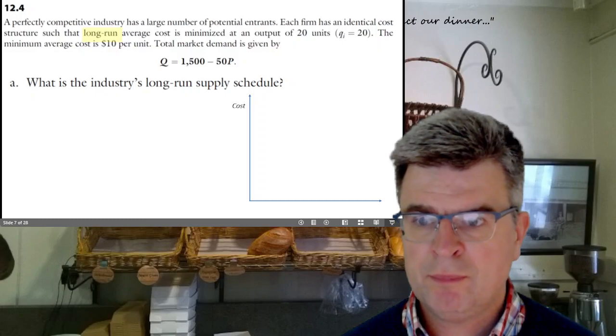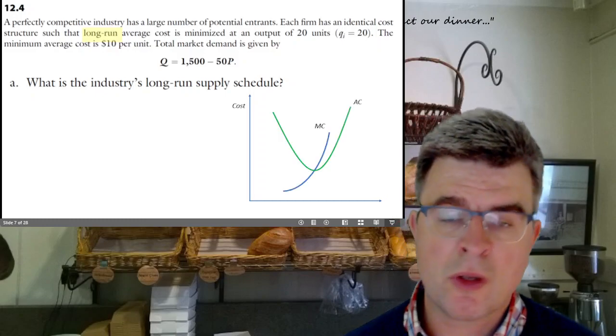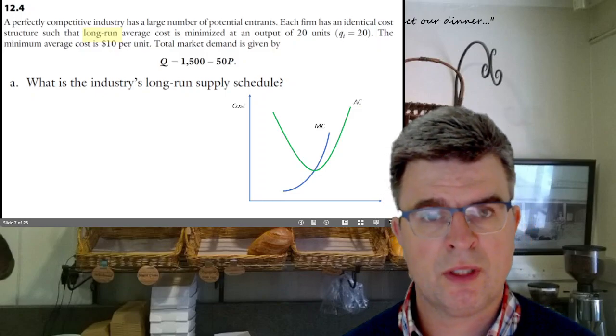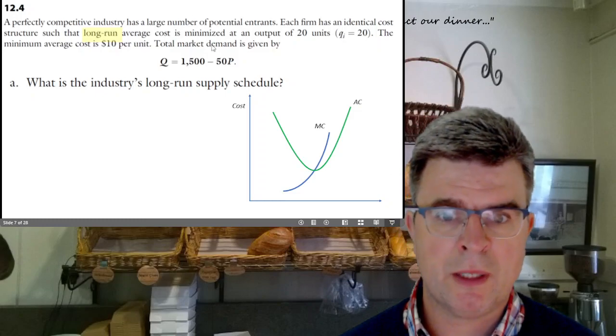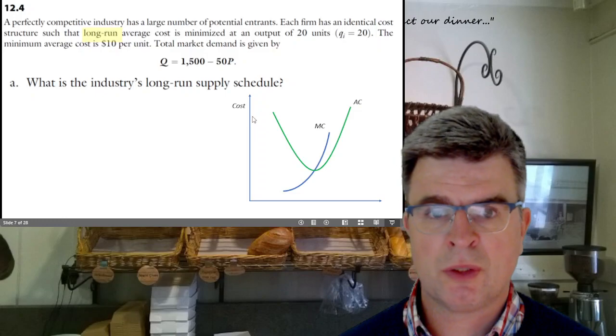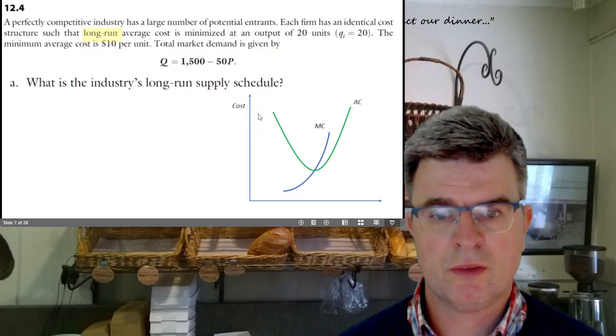Well, to get at that, the picture is as follows. We're in the long run. In the long run, firms can freely enter and exit the market, and no firm will be able to make a positive profit because all firms are identical and we're in a perfectly competitive environment.